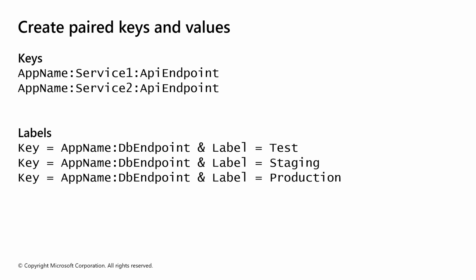Keys are names that identify key values and are used to save and access their values. A common way to arrange keys into a hierarchical namespace is to use a character delimiter. On the upper part of this slide, you can see an example of key names organized into a hierarchy based on component services.